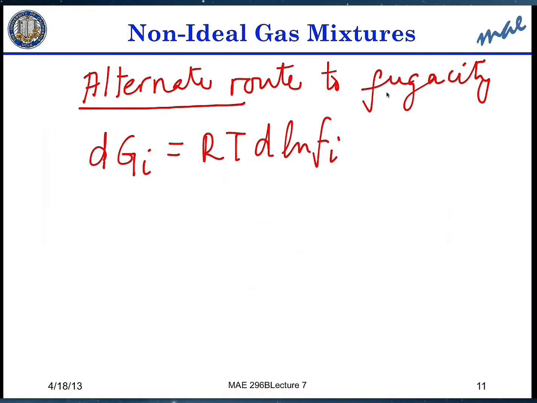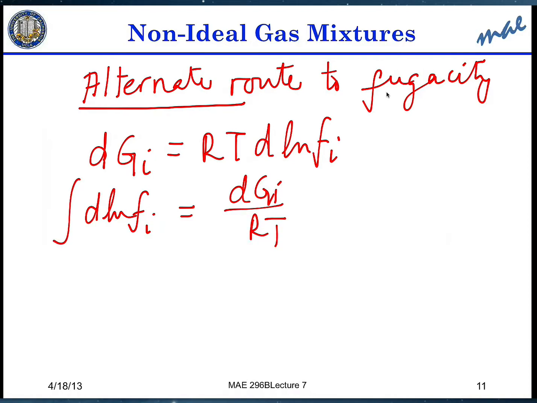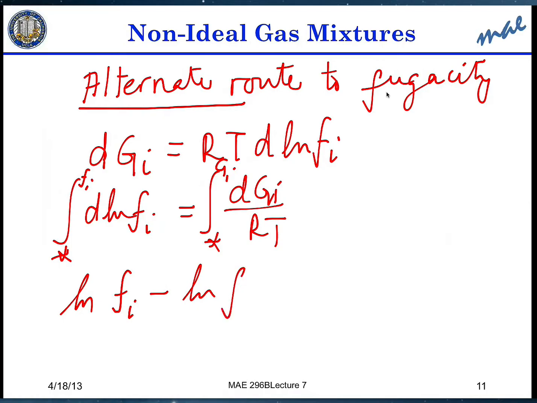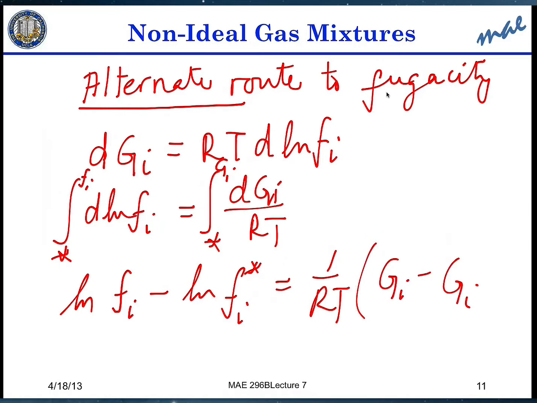I can say that d ln of Fi is equal to dgi over RT, and I integrate left and right from a star, which is a reference condition, to any current condition Fi here and Gi here. So I end up with an equation that says ln of Fi minus ln of Fi star equals 1 over RT of Gi minus Gi star.